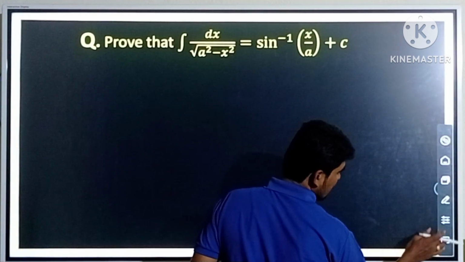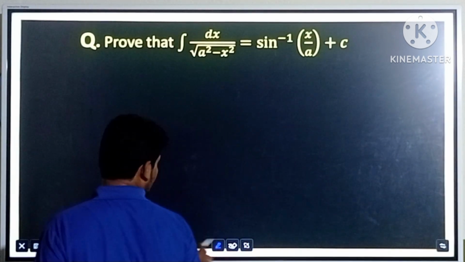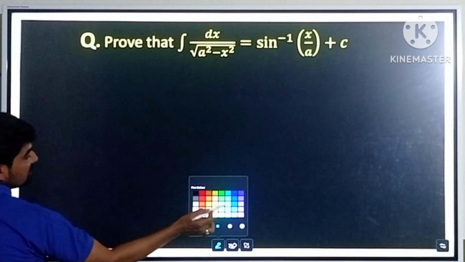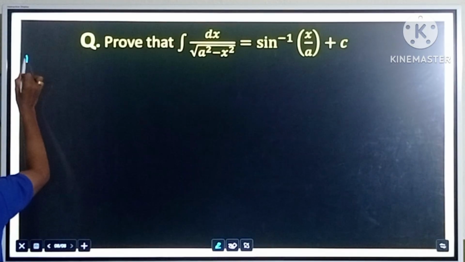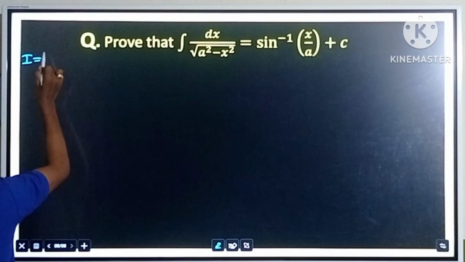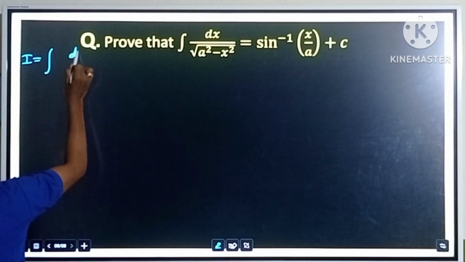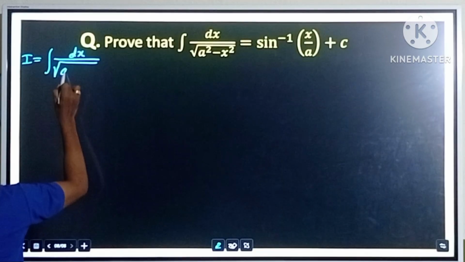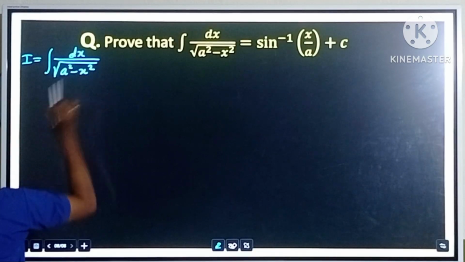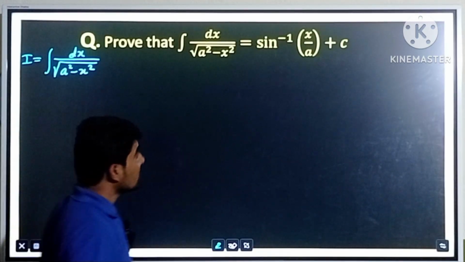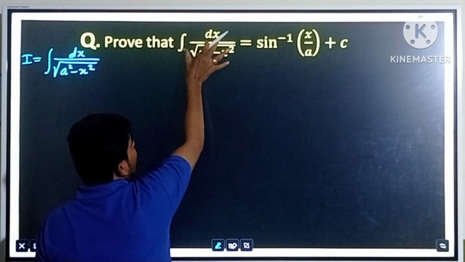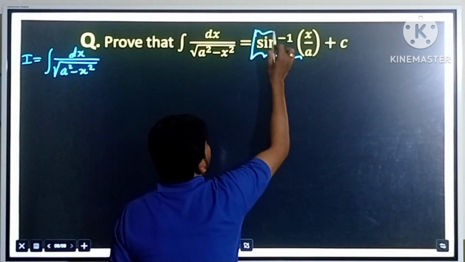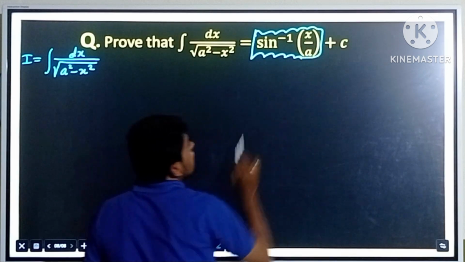So to prove, let us consider I is equal to the integration of dx divided by square root of a square minus x square. Now observe here, I am going to prove that the value of this integral is equal to sin inverse of x by a plus c.